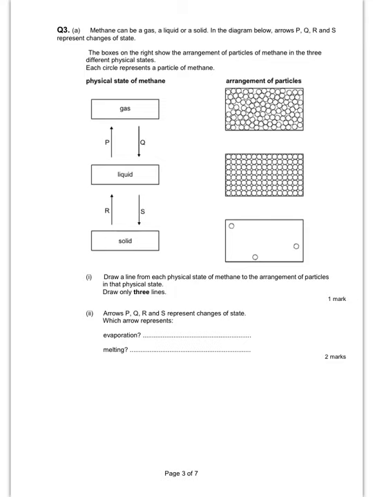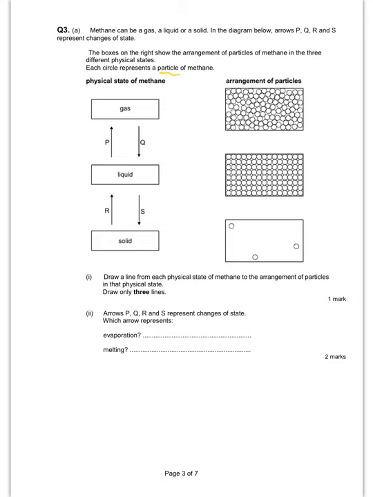This question is about particles. And so we've got methane can be a gas, a liquid, or a solid. In the diagram below, arrows P, Q, R, and S represent changes of state. And so that is to do with melting, evaporating, condensing, etc. The boxes show the arrangement of particles in 3 different states. Each circle represents a particle of methane.